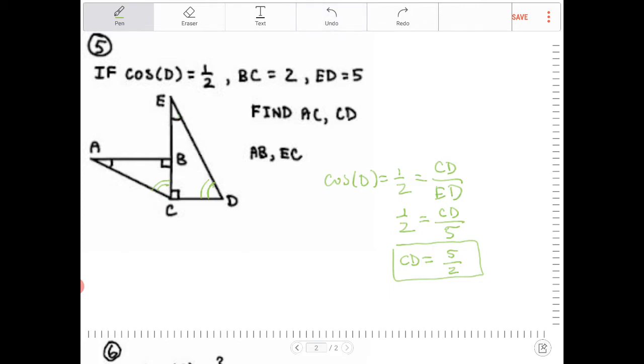So with that said, and I know that BC is equal to 2, I can say cosine of C is equal to 1/2. And cosine of C is equal to BC over AC. Since I'm given BC is 2, I can say 1/2 is equivalent to 2 over AC. So therefore AC must equal 4.